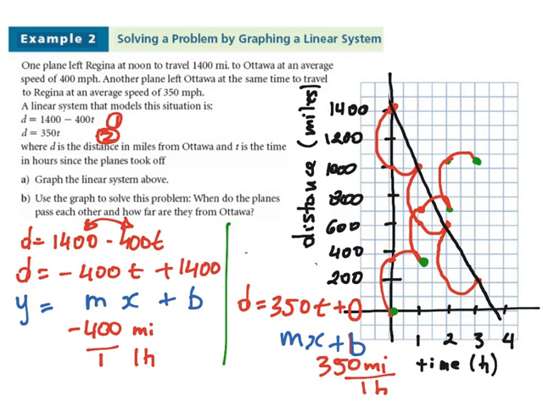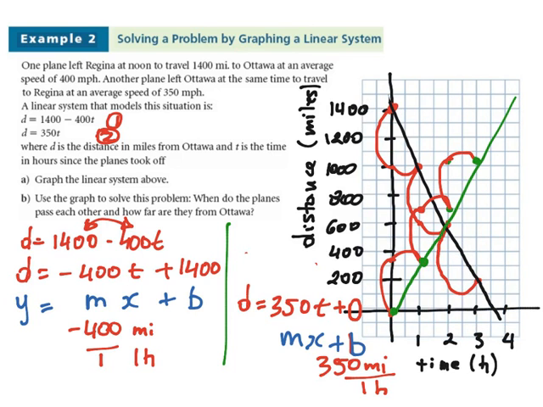So these two lines intersect at a specific coordinate. Now, what is this coordinate? Graphs do not necessarily give you an exact value. Sometimes it's an approximation. In this case, looking at the graph, it's a little bit less than 2 hours. That's where the x is.